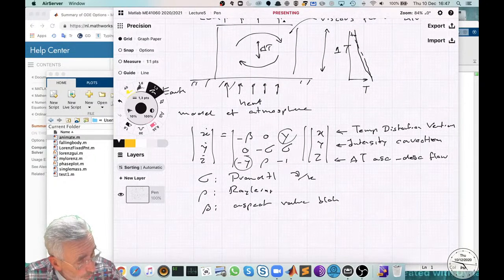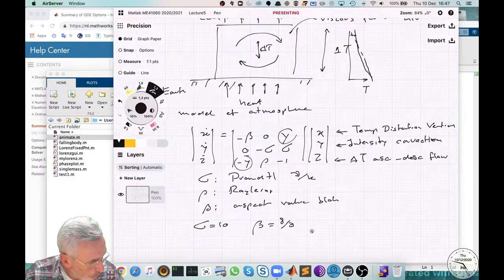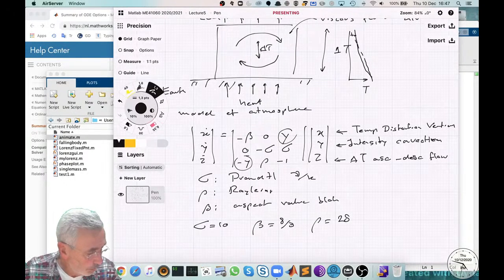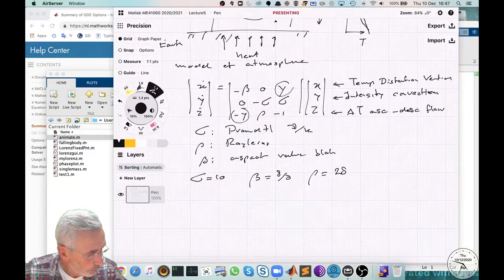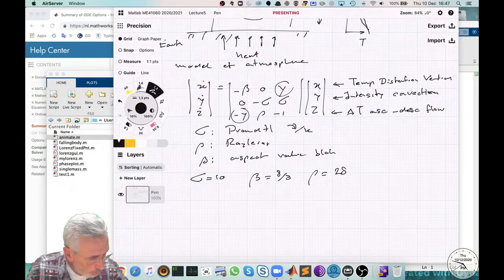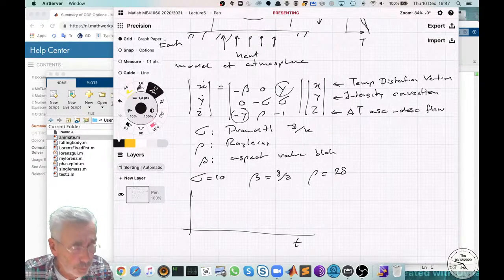Now, Lorenz was looking at the following parameter case. Sigma is 10, beta was 8 over 3, and rho was 28. Anyway, then what did he do? Well, he analyzed this case by numerical integration. And then he found the following behavior as a function of time, and we will look at the paper in a second.